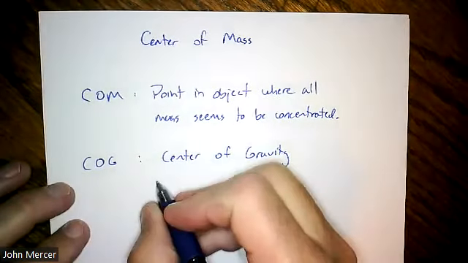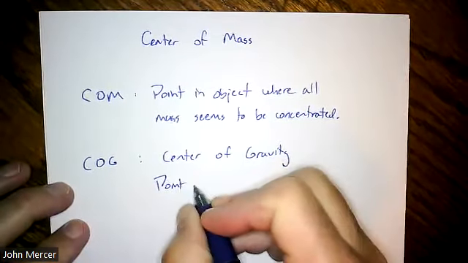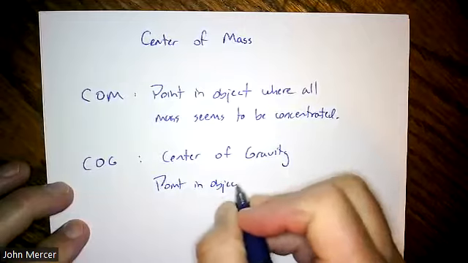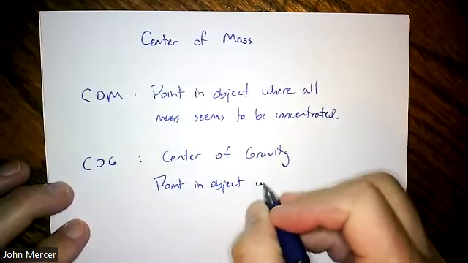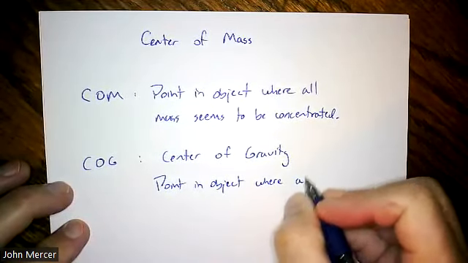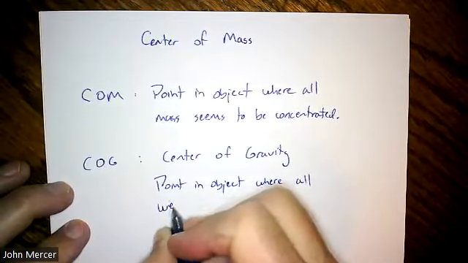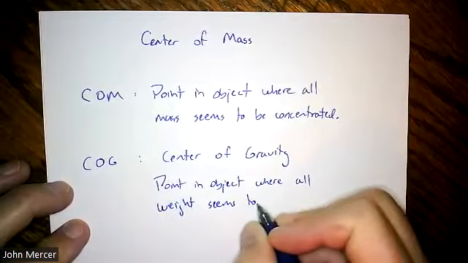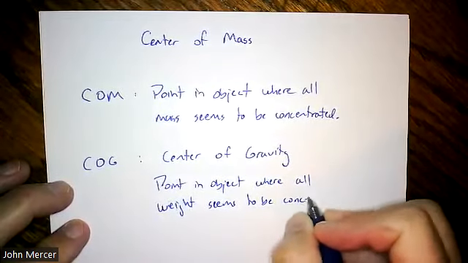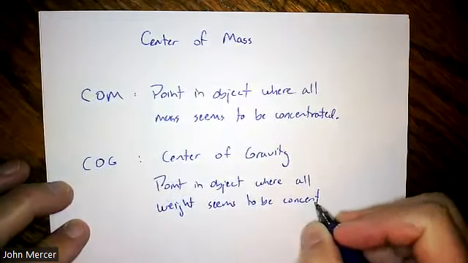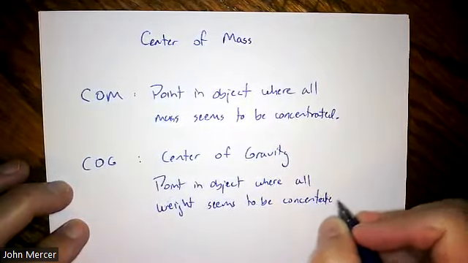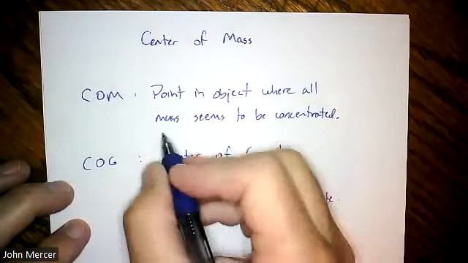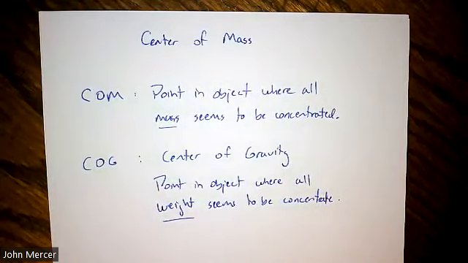Center of gravity is simply the point in an object, and again, I could say of an object, where all weight seems to be concentrated. The only term that I changed is mass and weight.